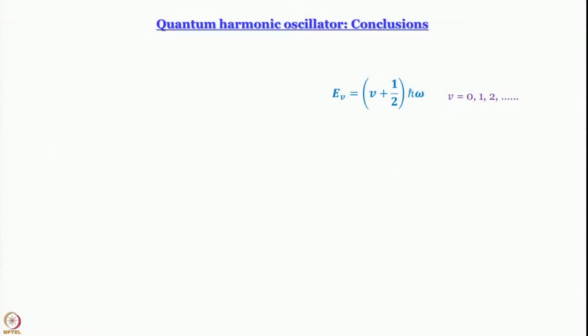If you use the simple Boltzmann distribution, you will see that for an energy gap of 1000 centimeter inverse, only 8 molecules would reside in V equal to 1 level for 1000 molecules in V equal to 0 level. So, practically at room temperature even V equal to 1 is not occupied, forget about V equal to 2 and 3 and so forth. Okay. So, zero point energy is a fundamentally important concept for quantum harmonic oscillators.